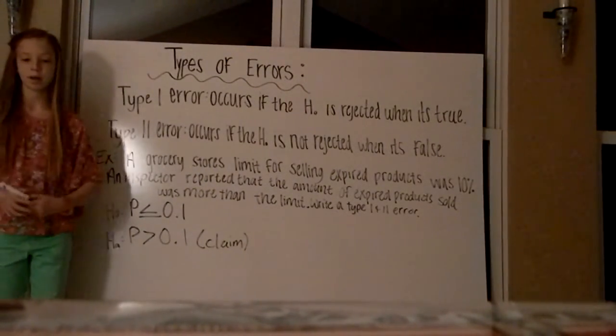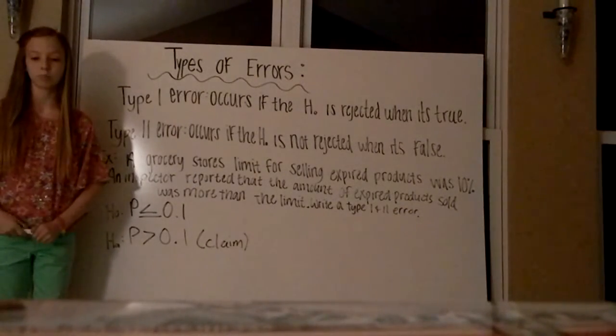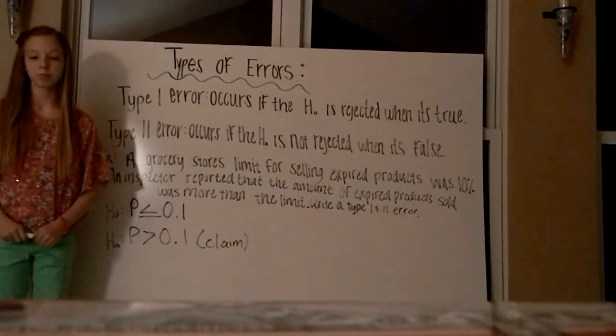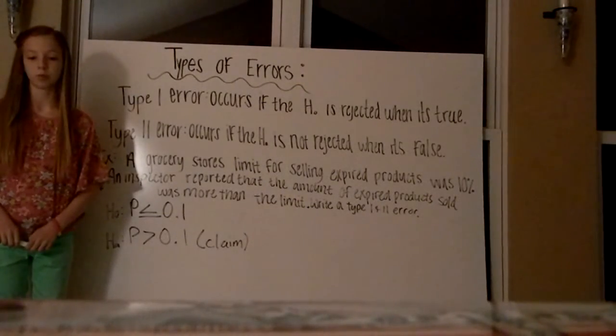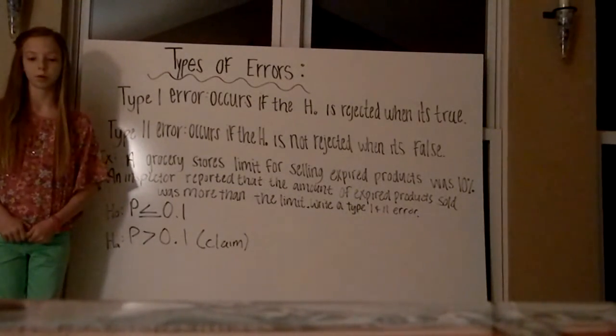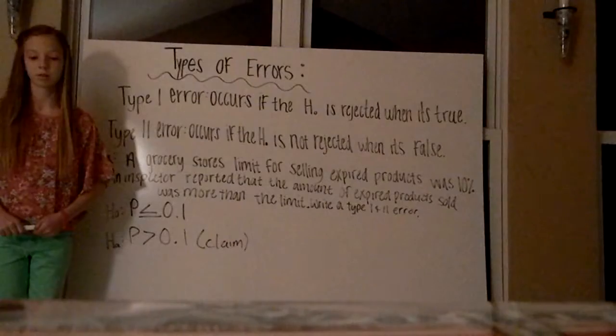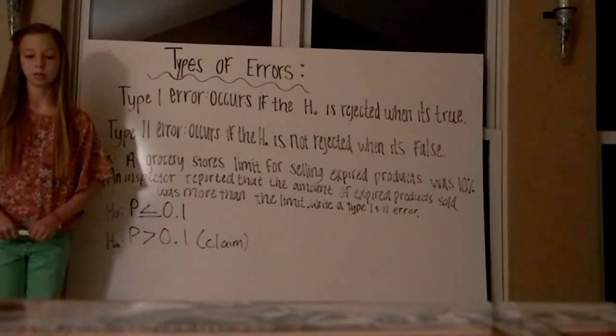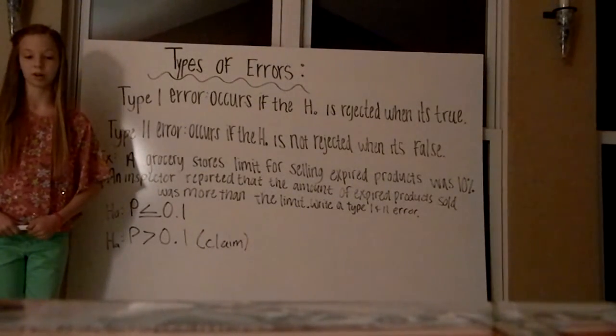A type 1 error would occur if the actual proportion of expired products sold is less than or equal to 0.1, but you decide to reject the null. A type 2 error occurs if the actual proportion of expired products sold is greater than 0.1, but you do not reject the null.